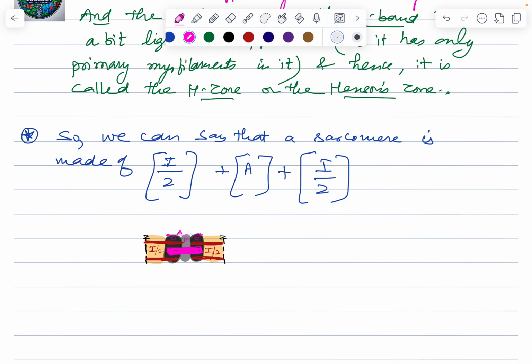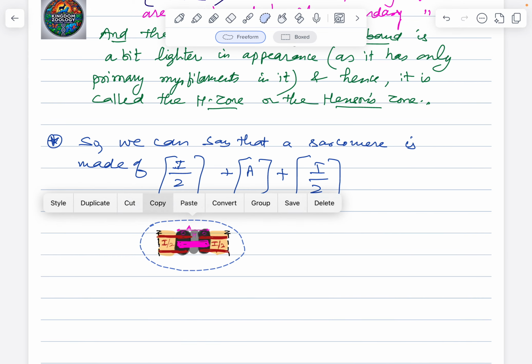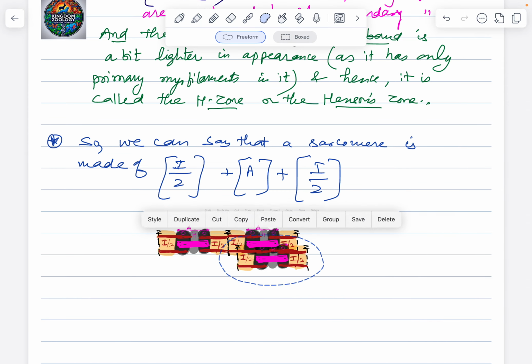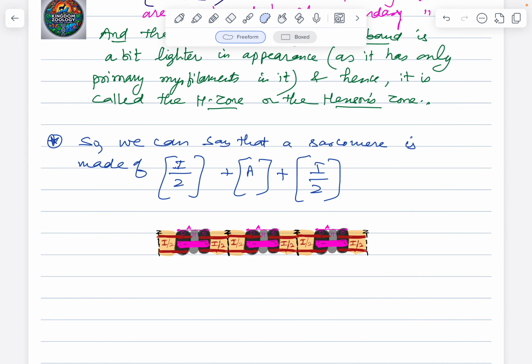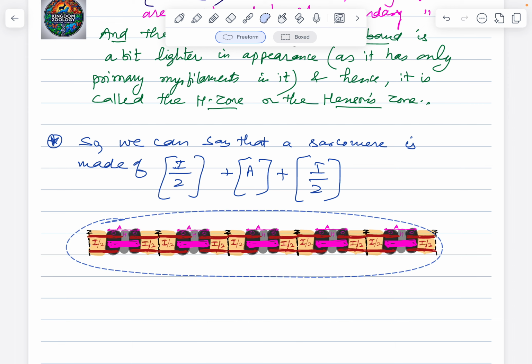So that is another view of a sarcomere. Why did I draw it again? Because I wanted to show you how the sarcomeres can be called repeating structural units of the myofibril. So what I am doing over here is arranging sarcomeres one after another.